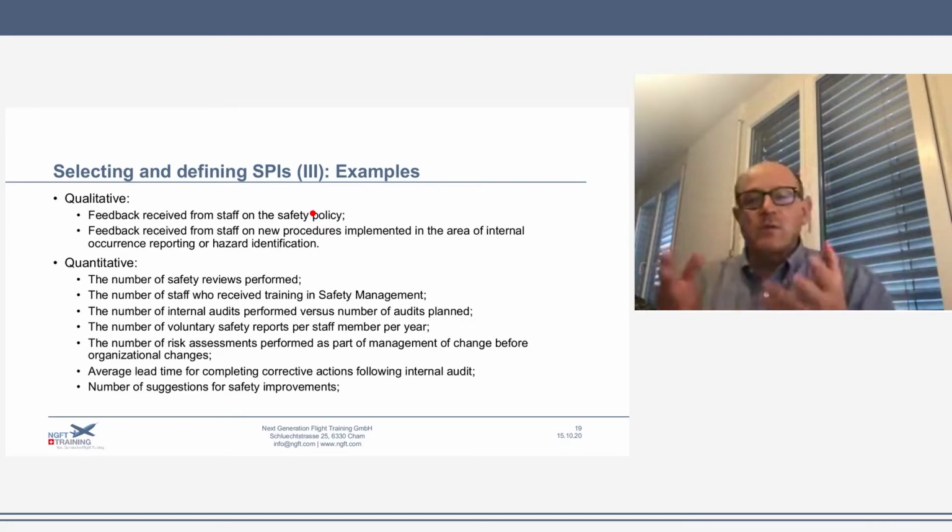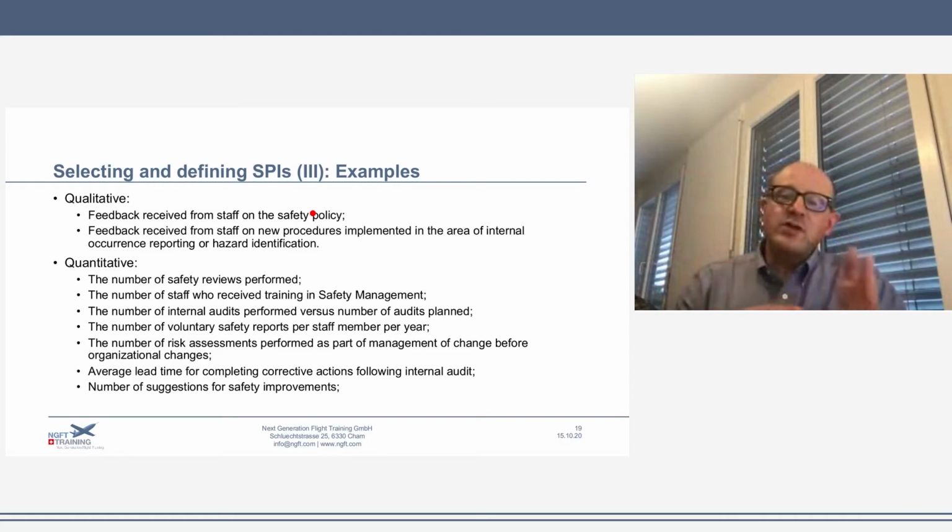And then also a metric could be, how much time does it take for our organization to make a change? If we detect something that is unsafe, how long does it take the organization to implement a change to a safer procedure?